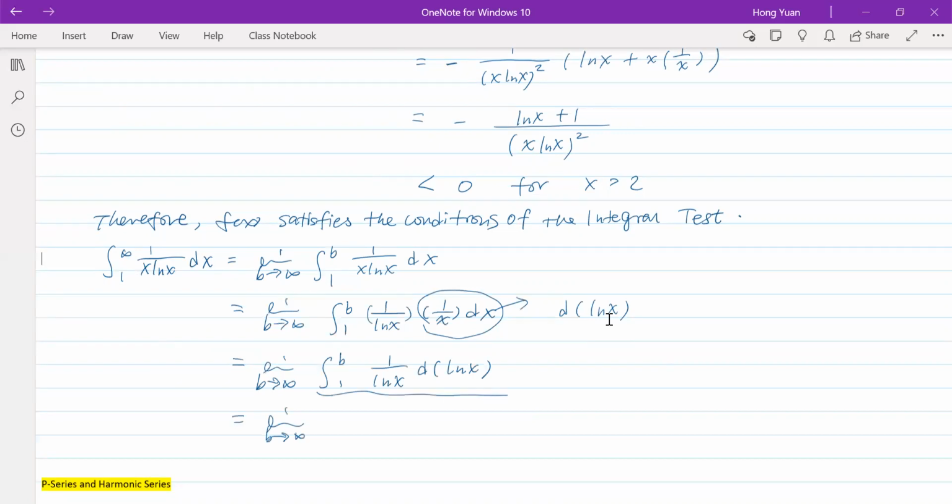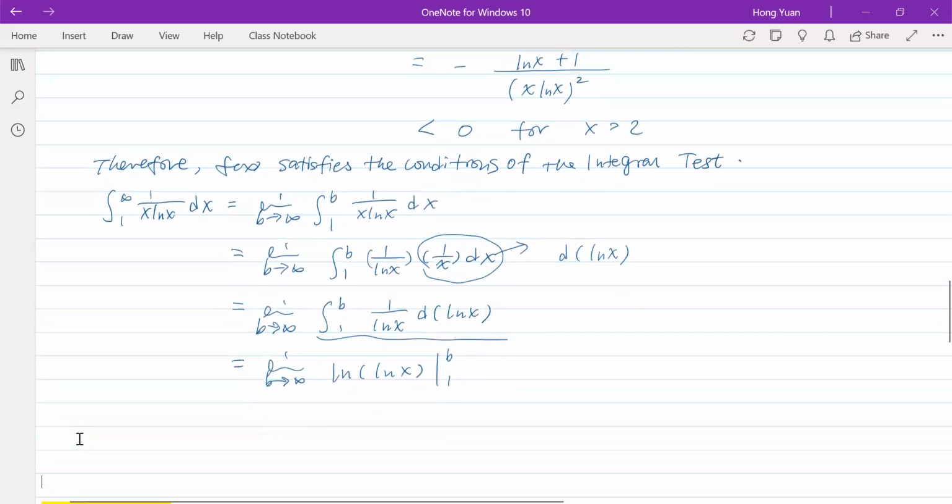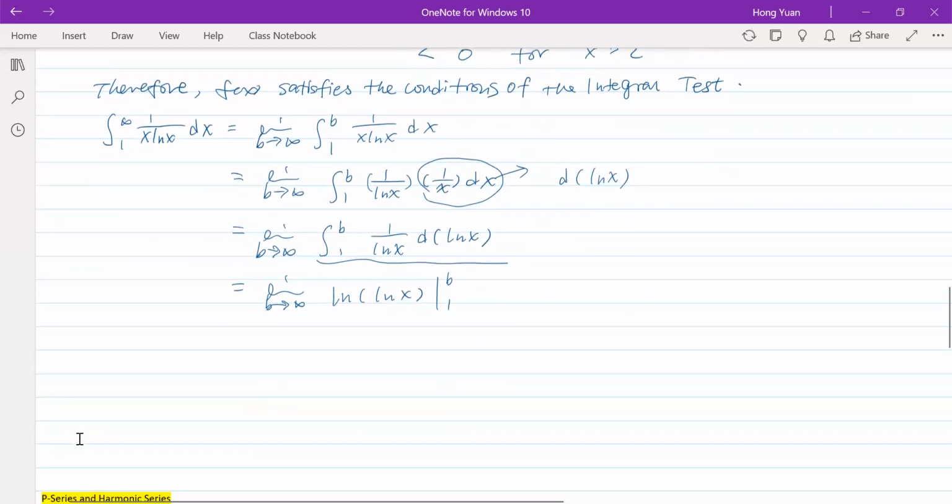This is the ln of ln x, from 1 to b. So it equals the limit as b approaches infinity of ln of ln b minus ln of ln 1.